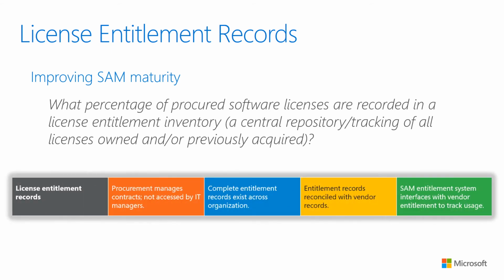Here you can see at the basic level, procurement will match contracts and purchasing information, and these records won't be accessed by IT. Whereas, as an organisation moves to the standardised level, complete entitlement records exist across the organisation. Improving on that, at the rationalised level, entitlement records are reconciled with vendor records, and organisations may then work towards the dynamic level, where the SAM entitlement system interfaces with vendor entitlement to track usage.